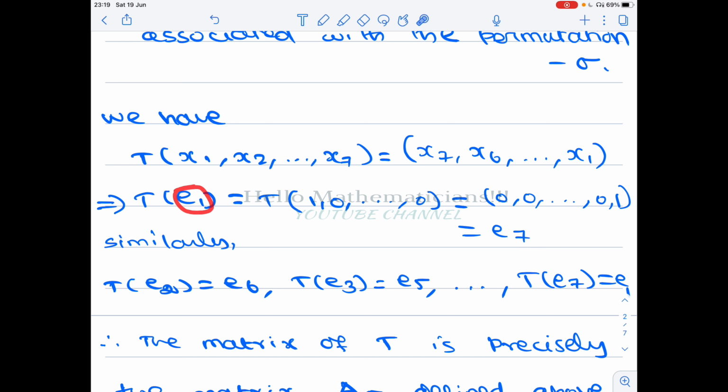Therefore, T of E1 equals E7. Similarly, if we feed E2, you will get 1 here, then 0 here. Okay. So T of E2 will be E6, T of E3 will be E5, T of E7 will be E1.